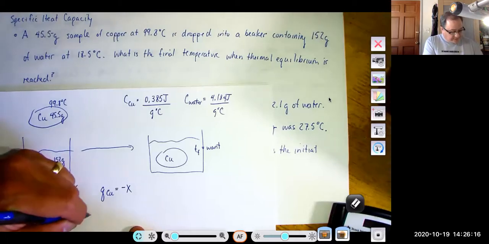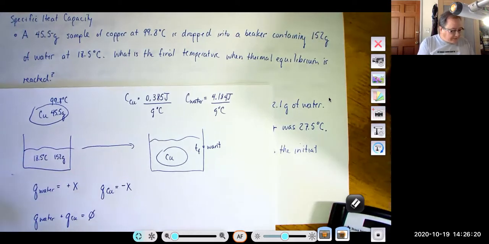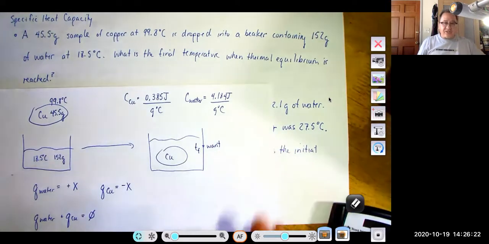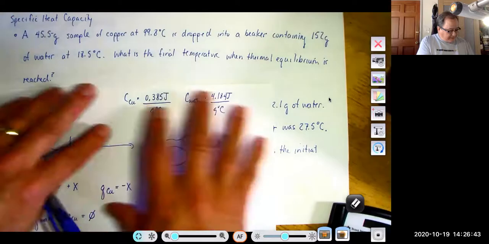I get 0. So this basically says that in this particular interaction, if we assume that all of the energy from the copper goes into the water and none of it goes anyplace else, then we can add up the Q changes and they should be 0 because the amount released by the copper should be the amount accepted by the water. So here I've got this equation with both of these.